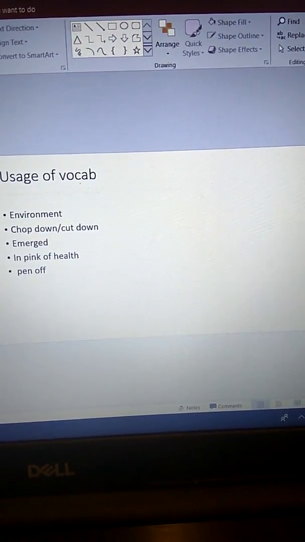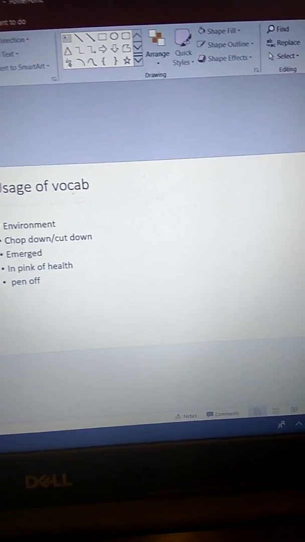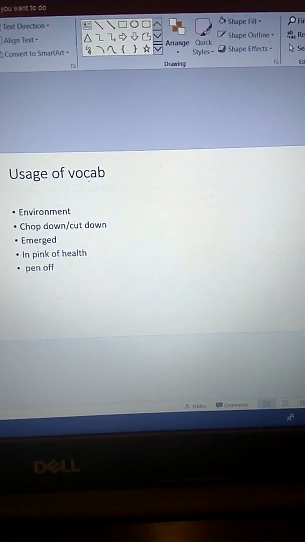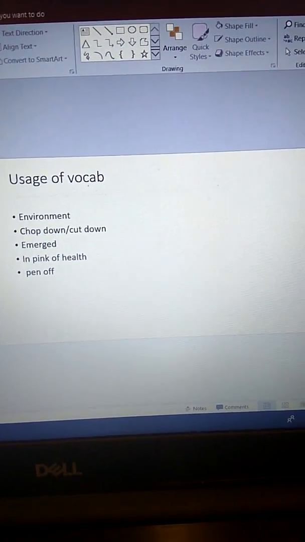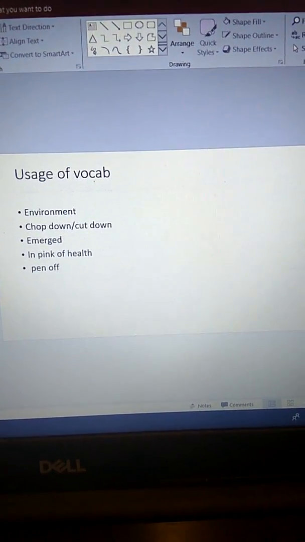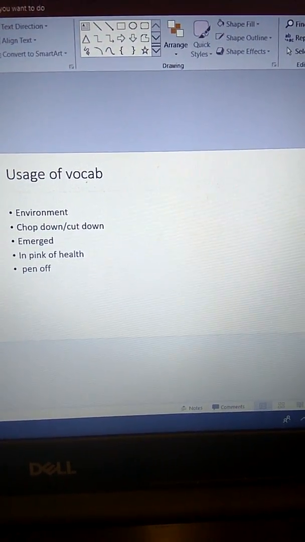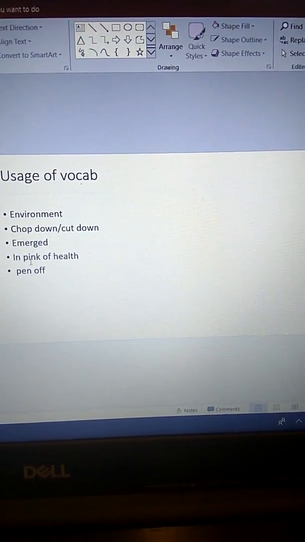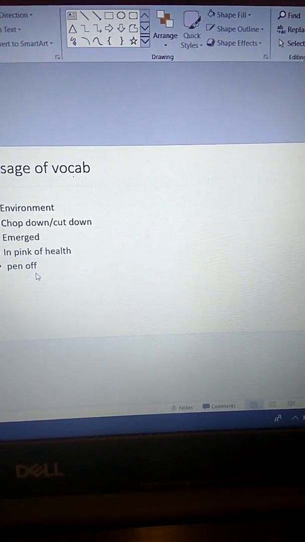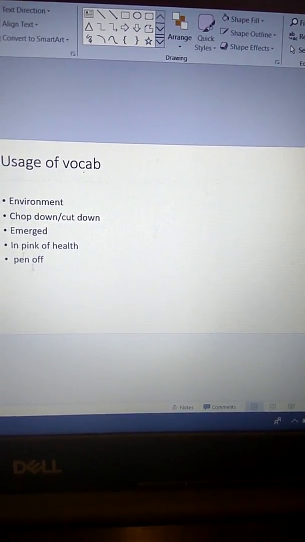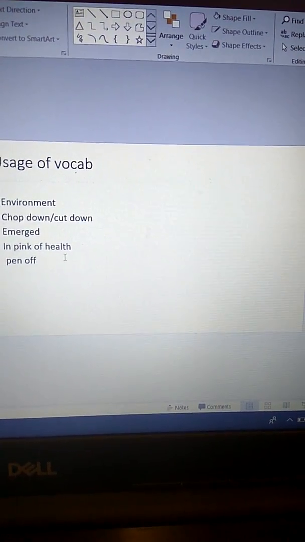You could also use an idiomatic expression, in the pink of health, which means you're in good health. And when you are ending your email, you could use the phrasal verb pen off, which is how you end your email. Later on I'll show you how you can use these words. Not all, but maybe just a few.